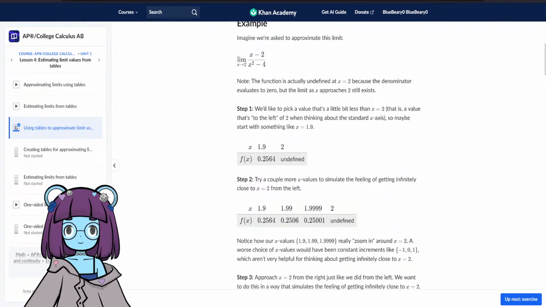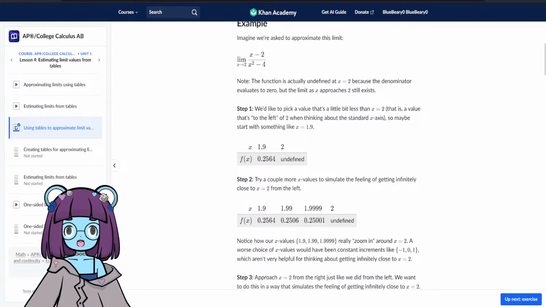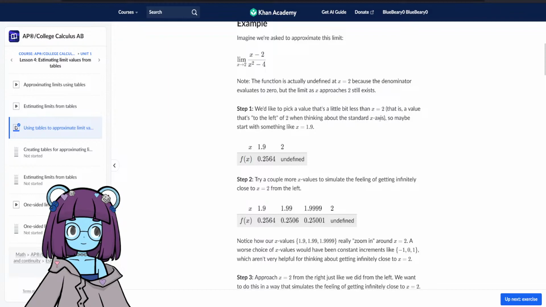Step 1. We like to pick a value that's a little bit less than x equals 2. That is a value to the left of 2 when thinking about the standard x-axis. Maybe start with something like x equals 1.9.